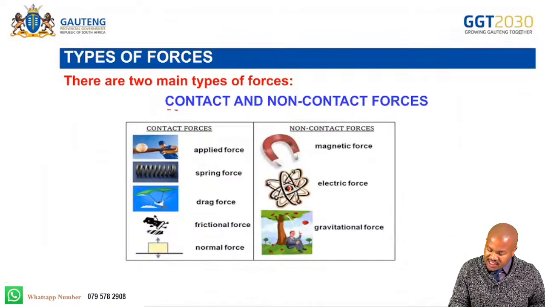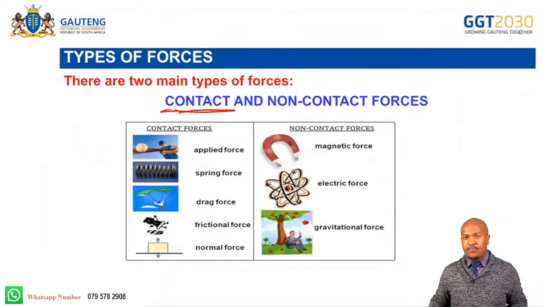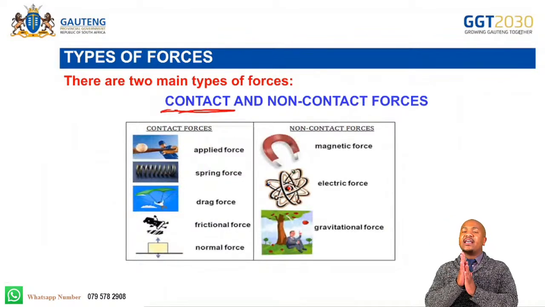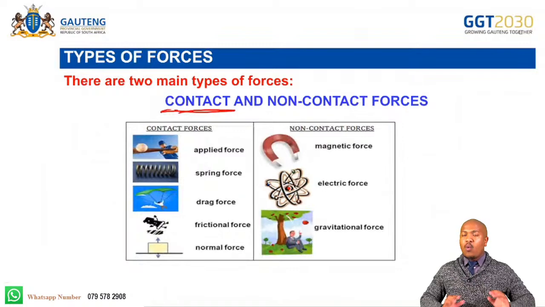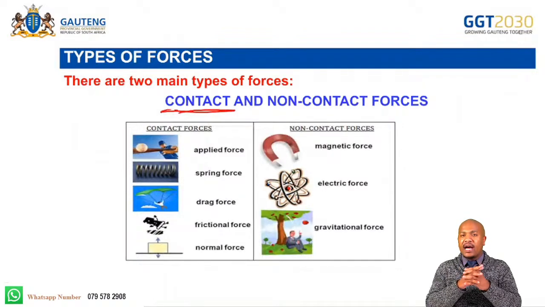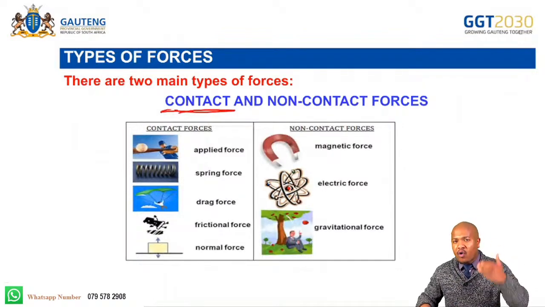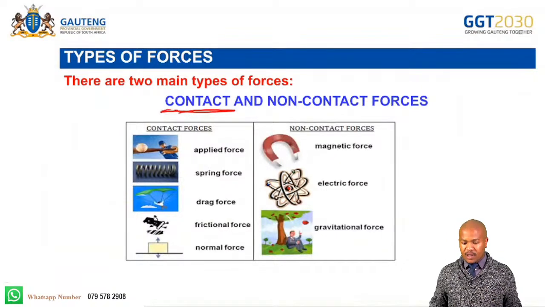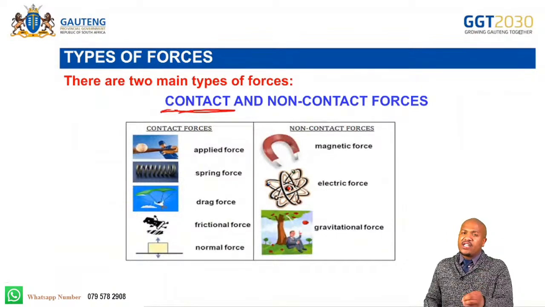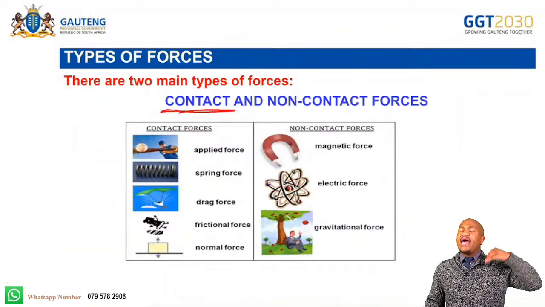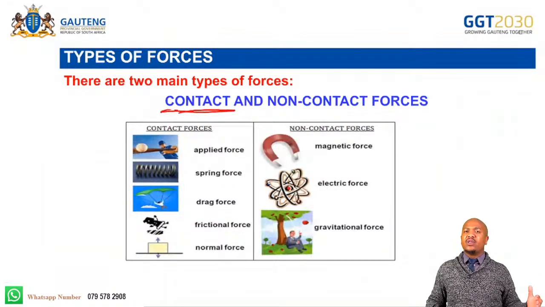I'll start off with contact forces. Contact forces act when the objects are in contact with one another, when the objects are touching one another. That's only when the force can act, right? But non-contact forces can act over a distance without the objects touching each other.